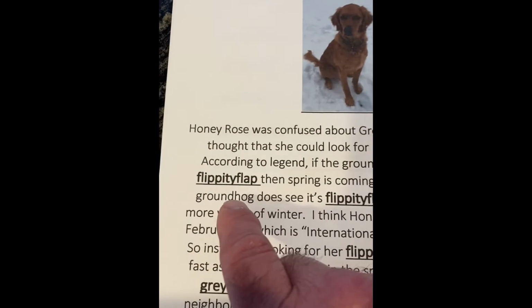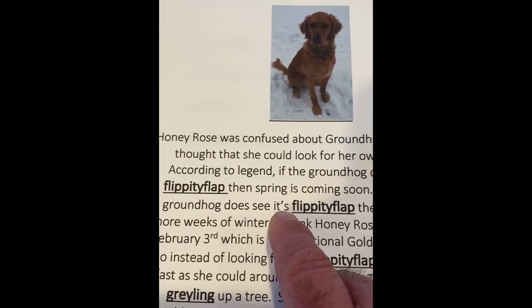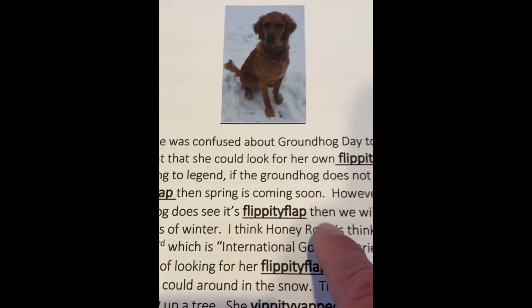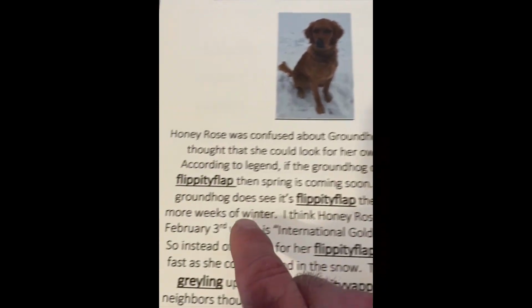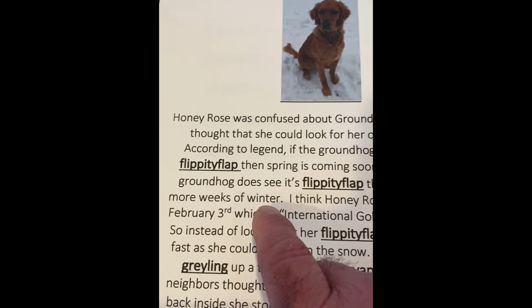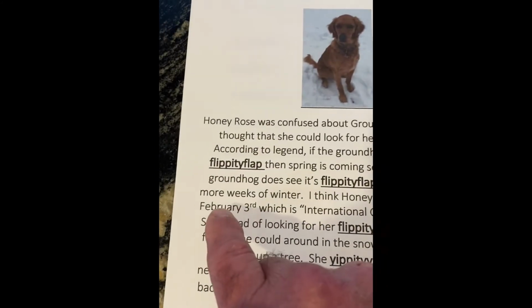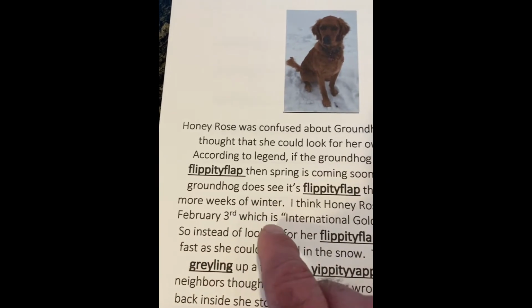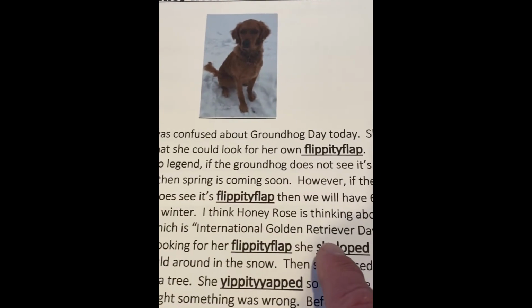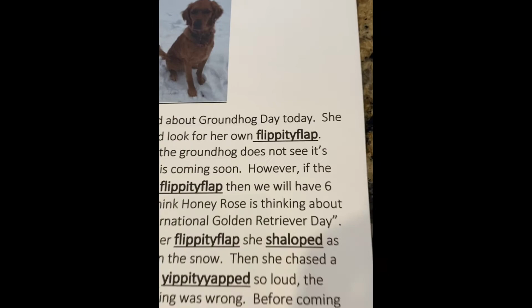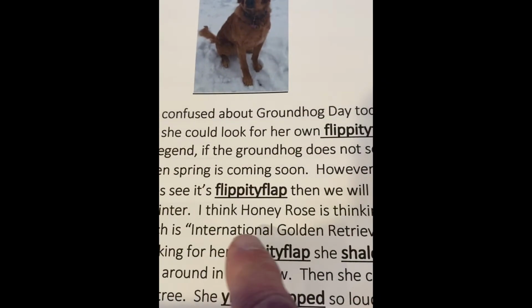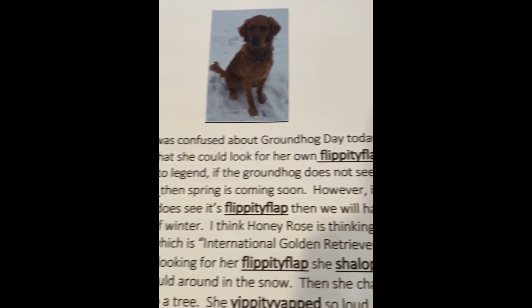However, if the groundhog does see its flippity-flap, then we will have 6 more weeks of winter. I think Honey Rose is thinking about February 3rd, which is International Golden Retriever Day. It actually is February 3rd, International Golden Retriever Day.